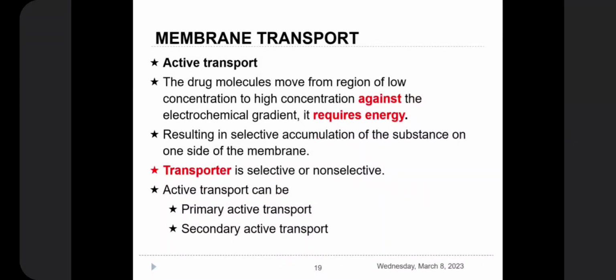Very different from passive diffusion, the most important difference I think is the energy, because this transport is not from the high concentration to the low concentration. It goes from the low concentration to the high concentration.